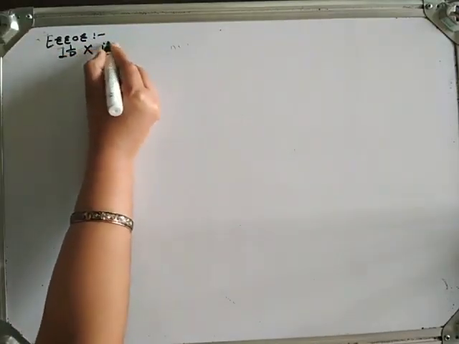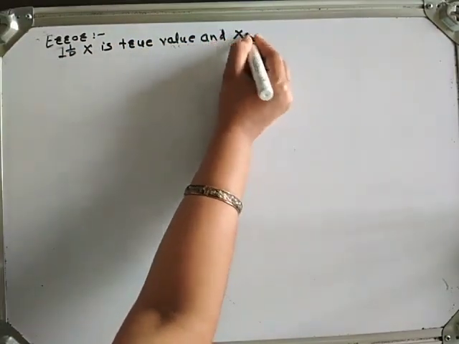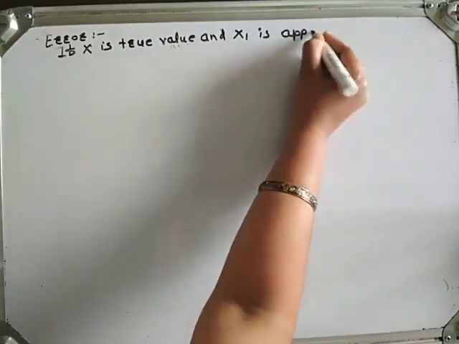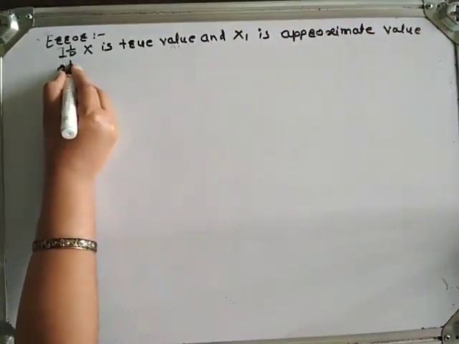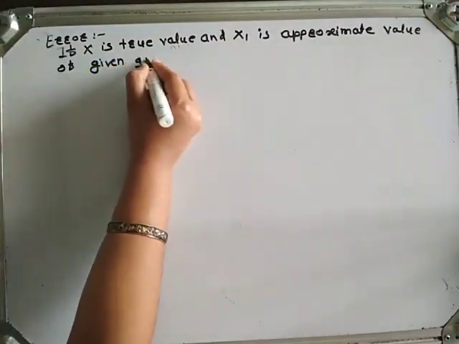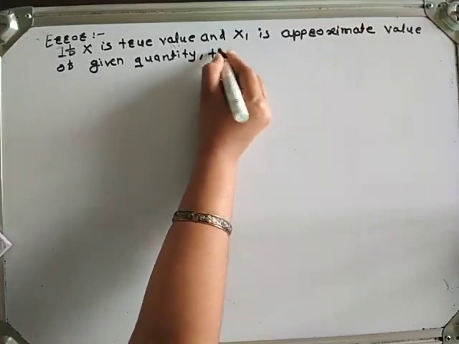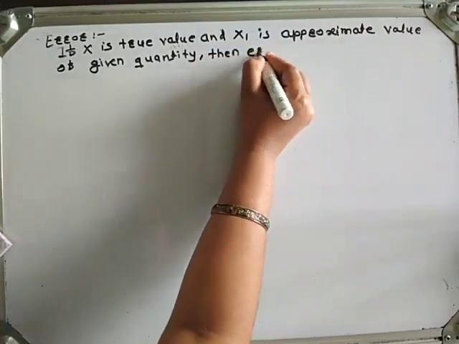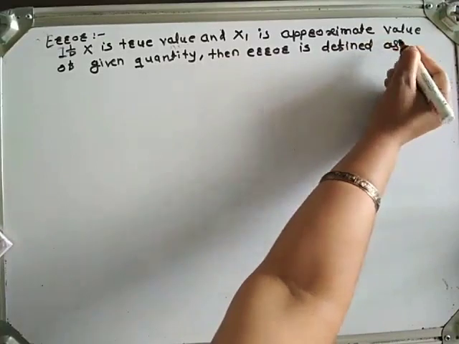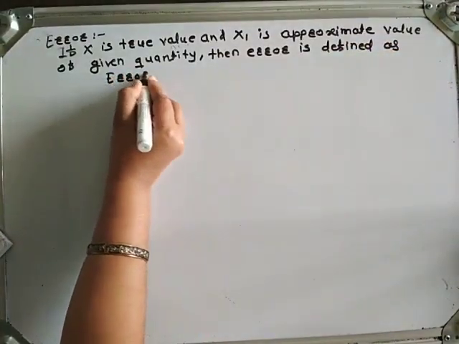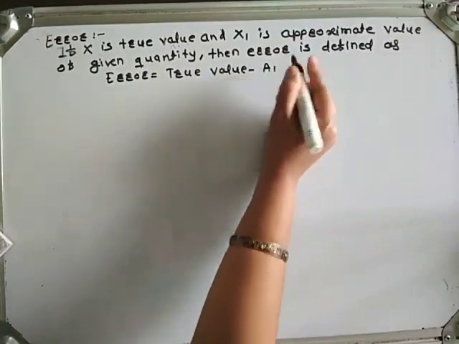If x is the true value and x1 is an approximate value of a given quantity, then error is defined as: error is equal to true value minus approximate value.